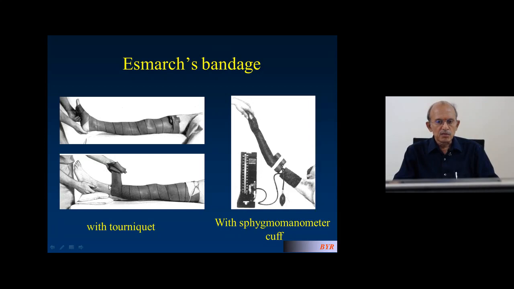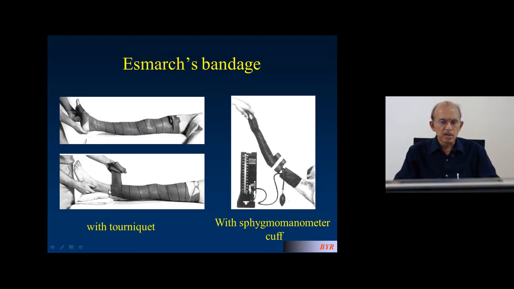The operation in the bloodless field should be done as early as possible, finished within 40 to 45 minutes. After finishing the surgery, any blood vessels which were cut will be repaired or ligated. Then the cuff is released, so any bleeding will be seen in the wound.